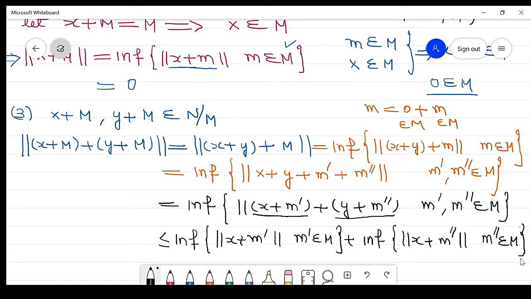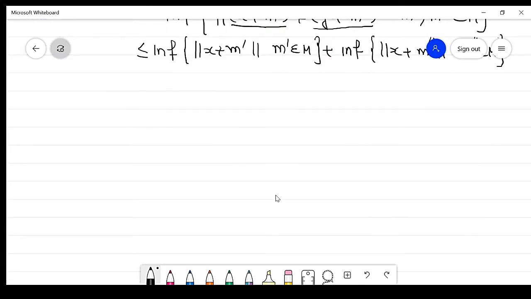So remember, m dash is part of M, and M is a subspace of N. So the total term x plus m dash belongs to N, and by using the triangle inequality it satisfies these values.